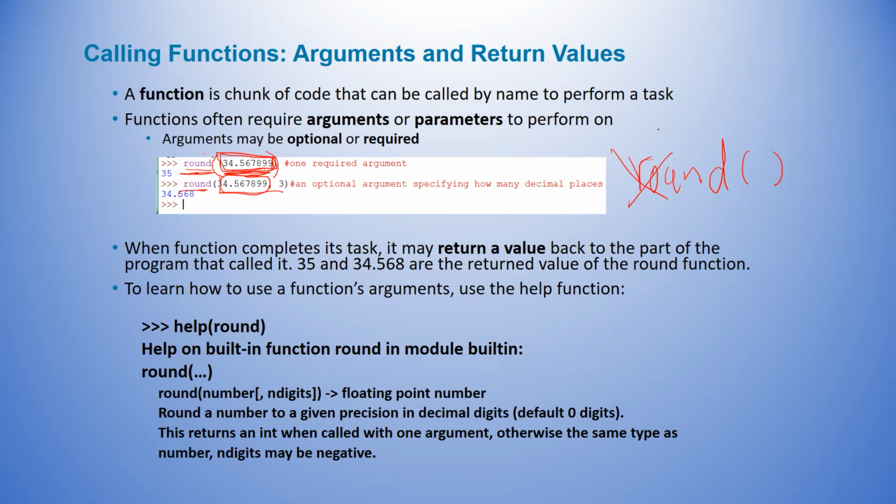So a round function accepts a float and an int. Okay, so a round function, you have two versions. One version of round accepts one argument, which is a float, and another version accepts a float and an int, and this int is the decimal places.